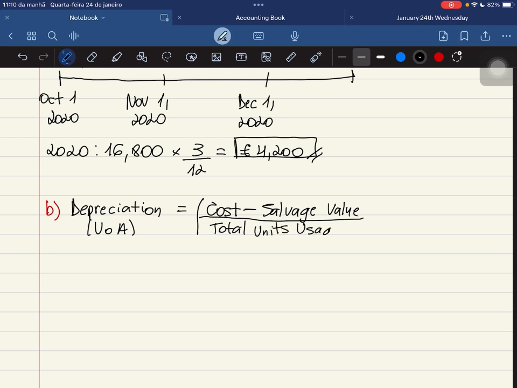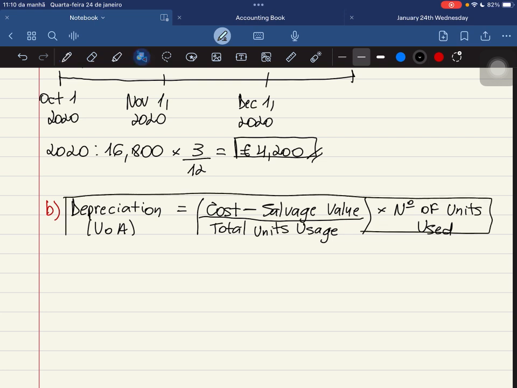These units might vary. You might have miles, kilometers, or different kinds of units. Each case is a different case, multiplied by the number of units actually used. This is the formula that we're going to be using now.